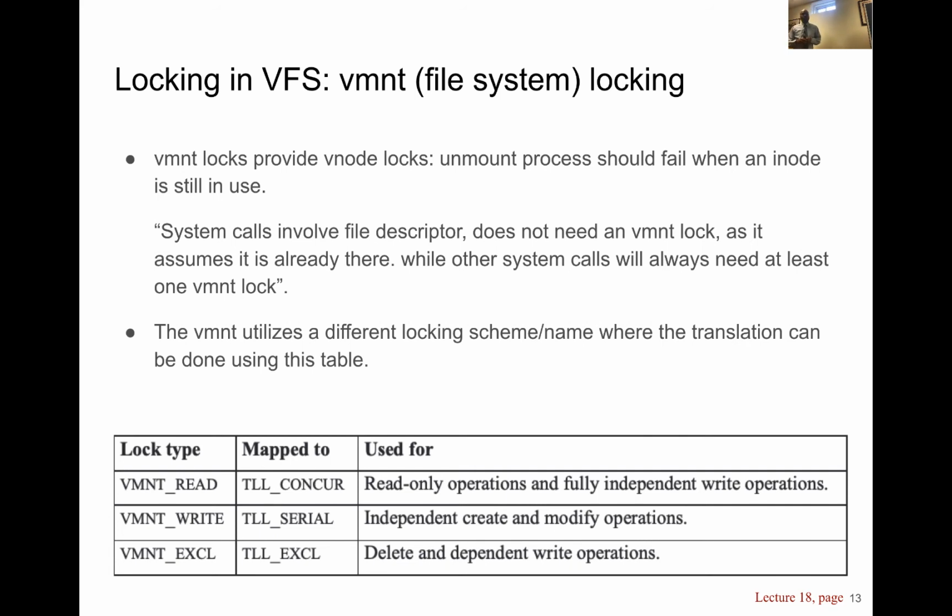When you want to do a write, you are going to use serial, which basically means that you are going to wait for all the readers to finish, and then you are going to be the only one that has the lock, and then you can proceed. So you can use this to do create and modify, and then exclusive is actually a real write lock where you are going to block everyone else until that write is finished.